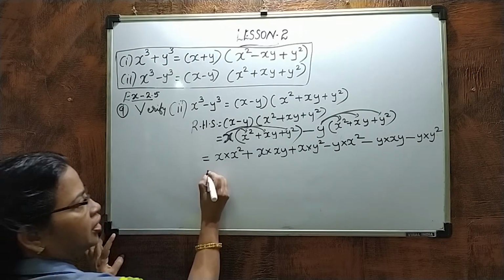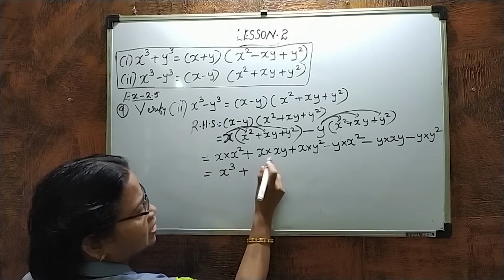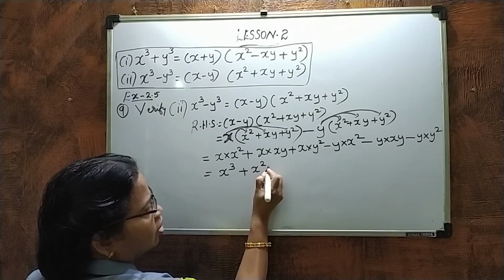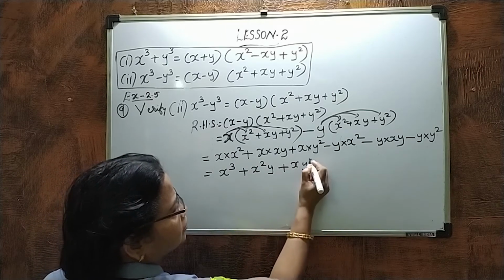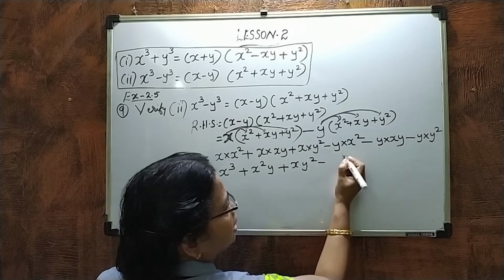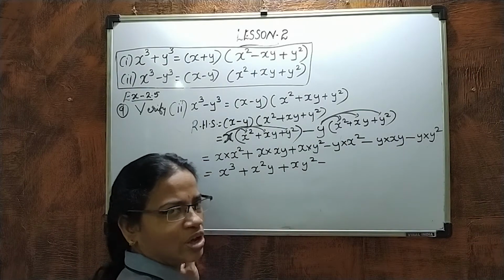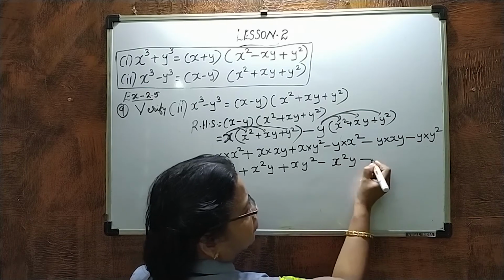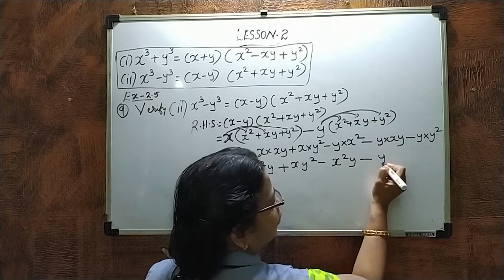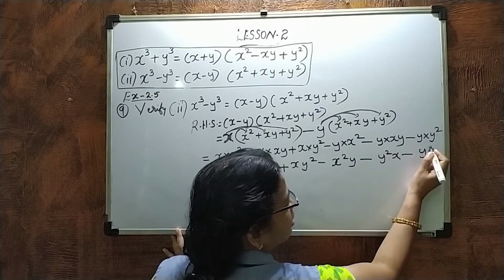Then x into x square it is x cube, plus x into xy it is x square y, plus xy square, minus y into x square it is yx square, we can say x square y. So x square y minus y into y square x, minus y into y square it is y cube.